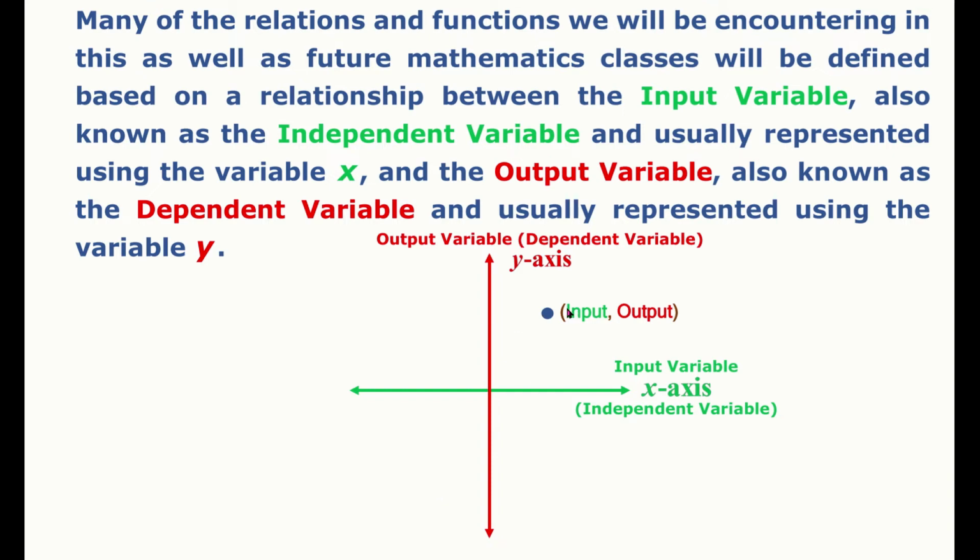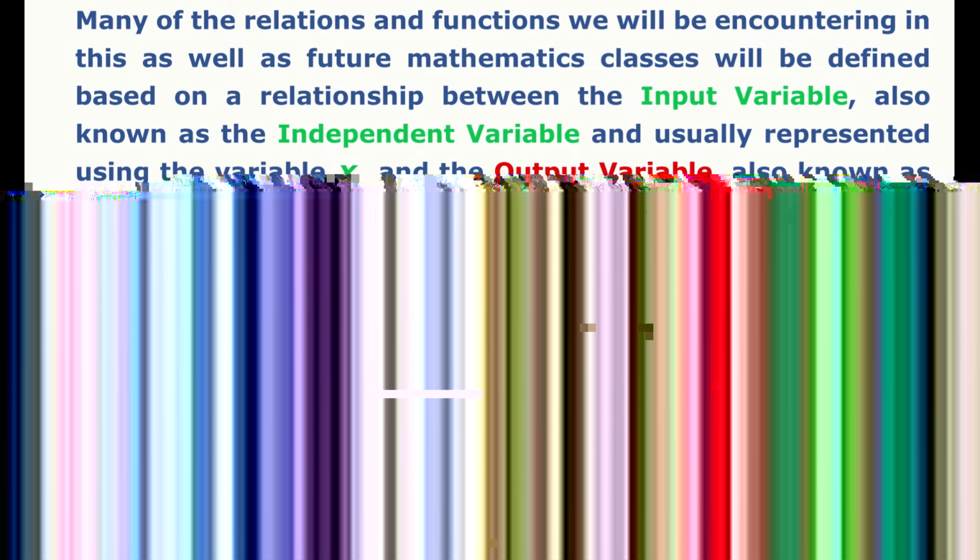So we graph these relations and functions using the Cartesian coordinate system, and we will let the input variable values be depicted using x values and the output ones using y values. So each point on the graph of a relation or function will have the form (input, output).